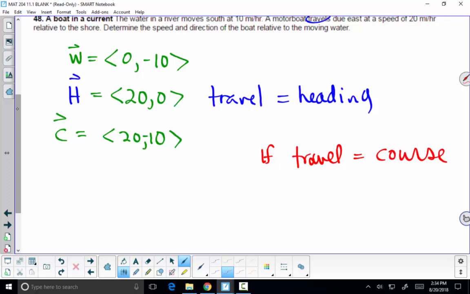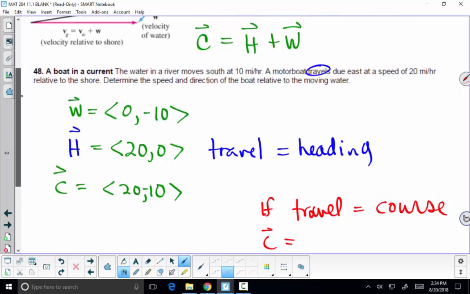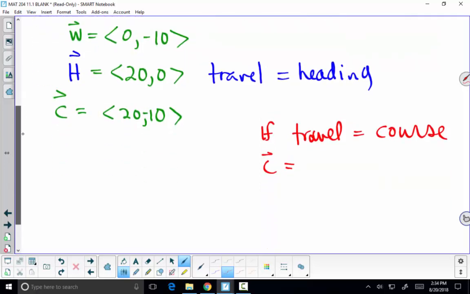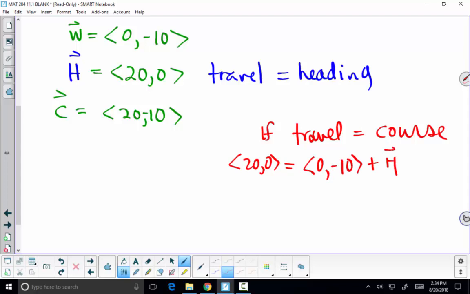Course is going to be 20, 0, equal to the wind plus the heading, and then we're going to end up subtracting. If we subtract, we get 20 minus 0, which is 20, and 0 minus 10, which is -10.